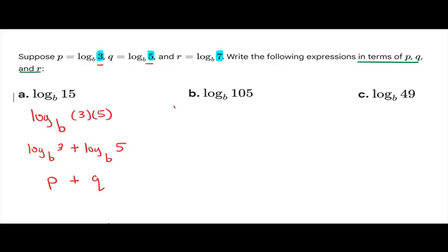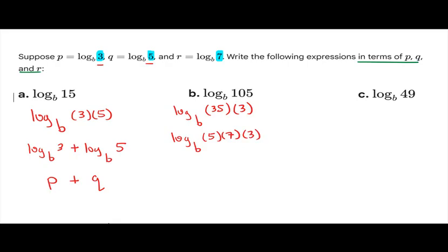Over here we have log base b of 105. How do I get 105? So you have to think. Remember, you're working with 3, 5, and 7. Well, I know 35 times 3 is going to give me 105. Now 35, I don't see a 35 here, so you have to continue breaking this number down. So log base b of 35 is going to be 5 times 7, and then times 3 over here.